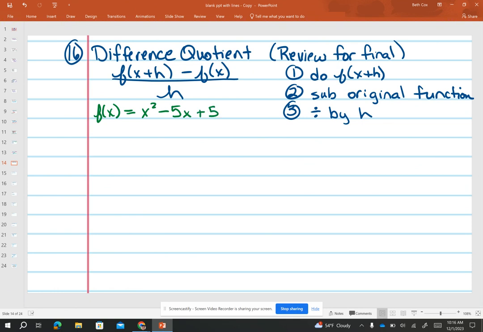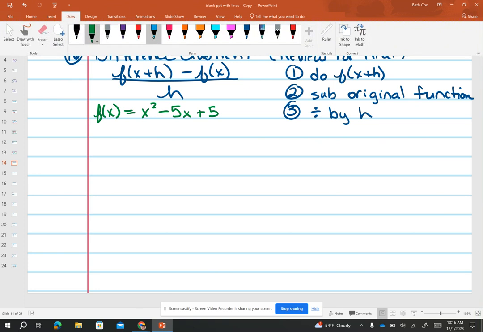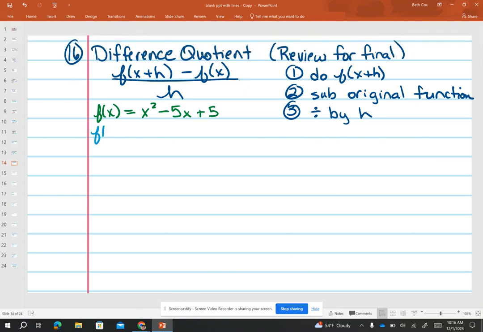So my first step, I'm going to do f of x plus h, which means replace both of the x's with x plus h and simplify. So that's going to be x plus h squared minus 5 times x plus h plus 5. So I'm going to square this.